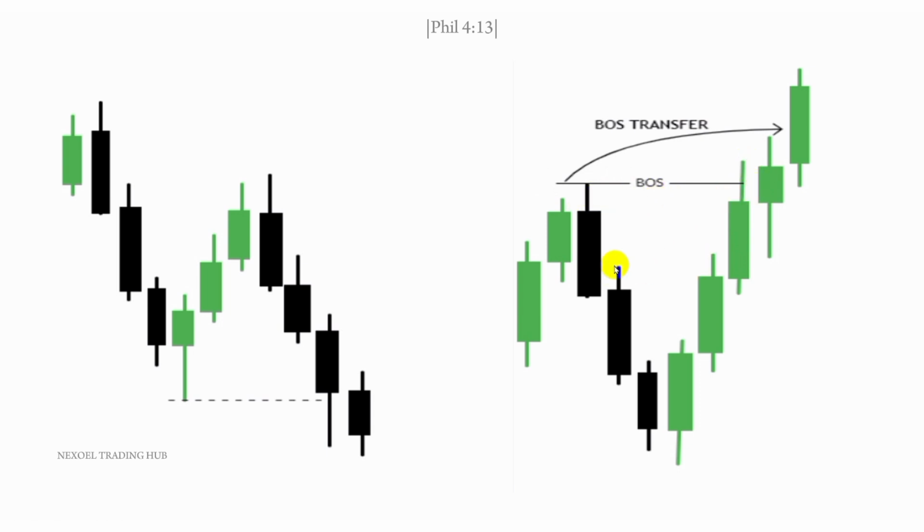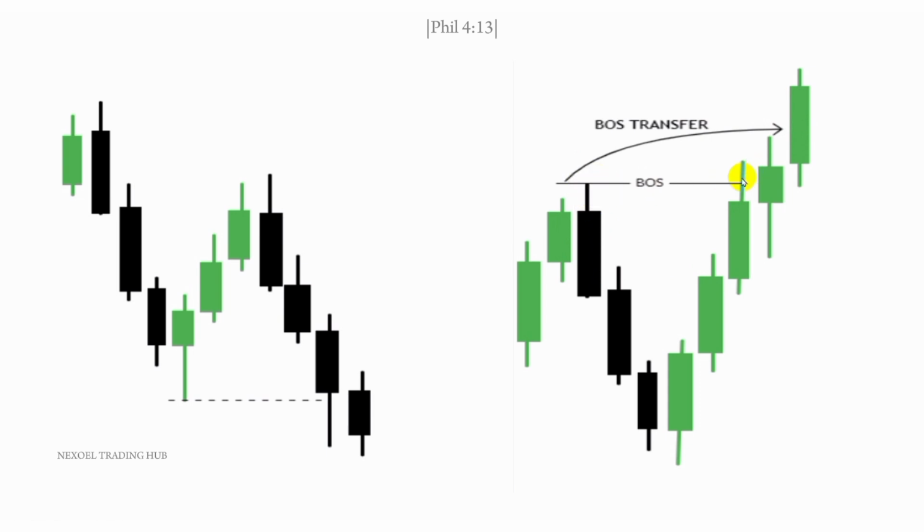What actually qualifies and identifies this swing high as a valid broken swing high is this candle that closed above this previous candle. So this candle is what validates this swing high as a broken swing high.